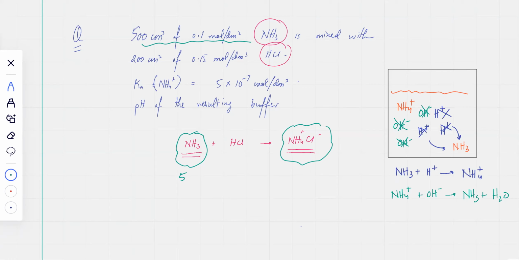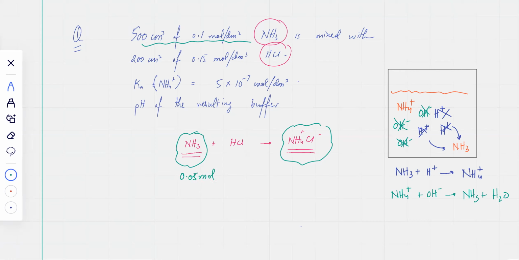Negative 3? Or negative 2? It's 0.1 into 0.5, right? So are you sure it's 10 to the power of negative 3? Sir, I made a mistake. It was 0.05. Okay, so this was 0.05, right? So you had 0.05 moles, right?